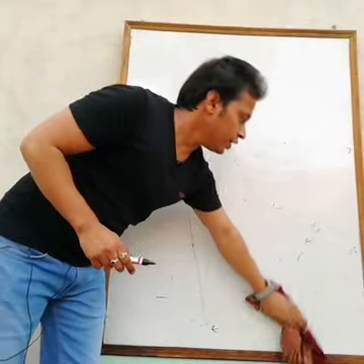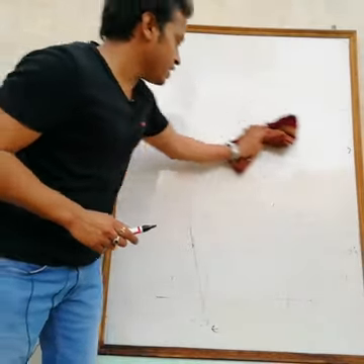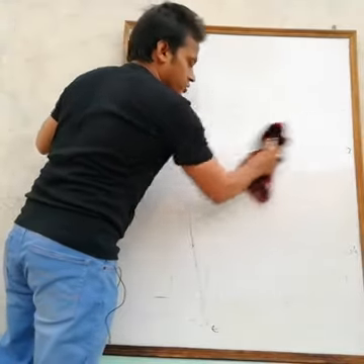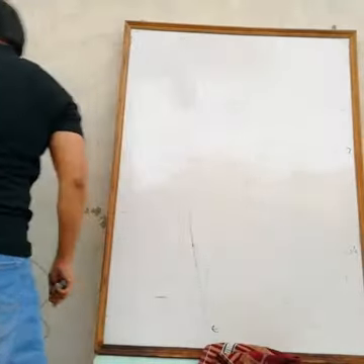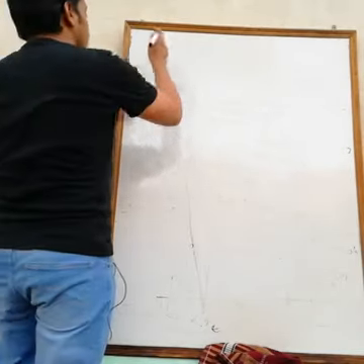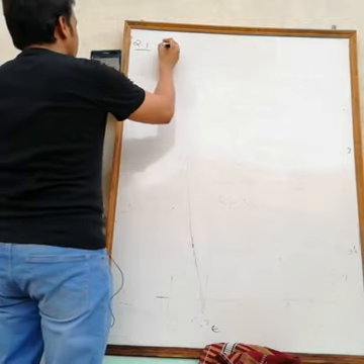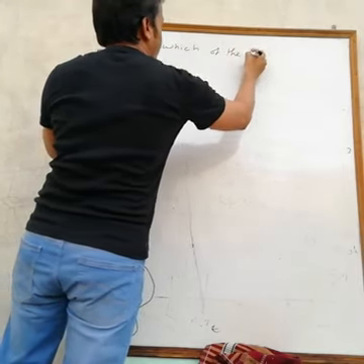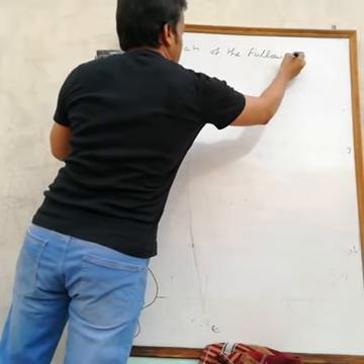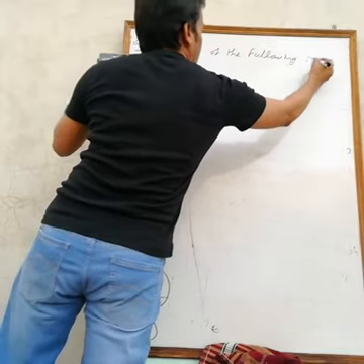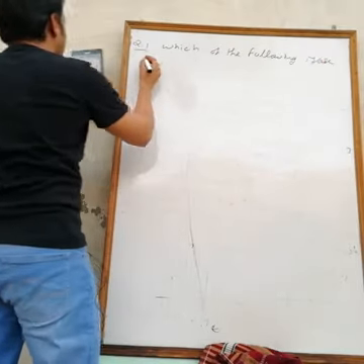Now I am taking some examples based on graphs to identify whether each one represents a function or not. Write a question. Which of the following are functions?